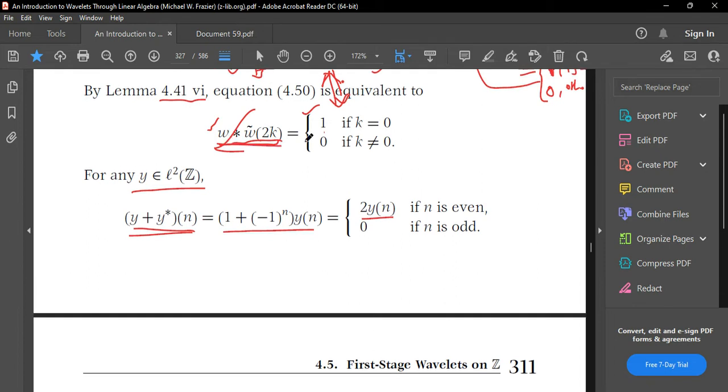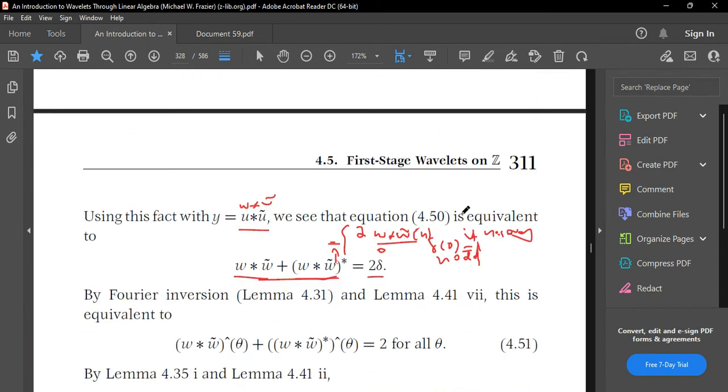W star W tilde of 2k is 1 when k is equal to 0, and if k is not equal to 0, we get 0. So this can be written as 2 into 1 for n equal to 0, and 0 if n is not equal to 0.